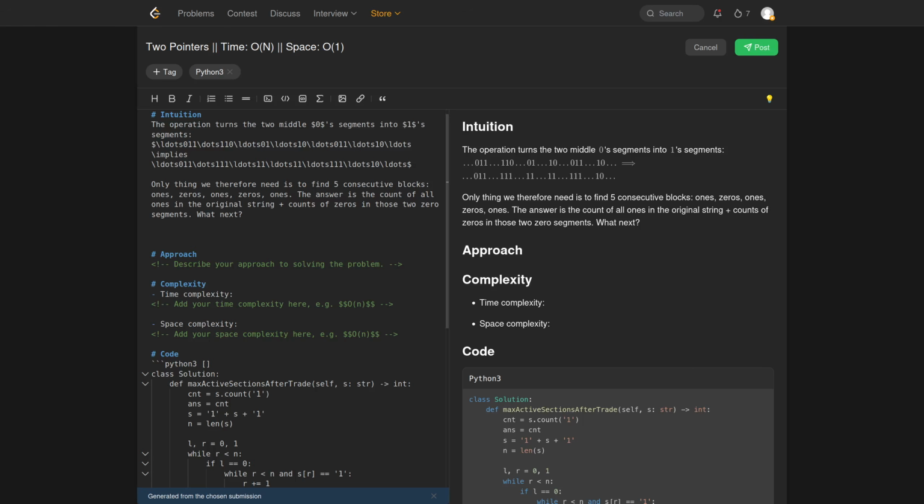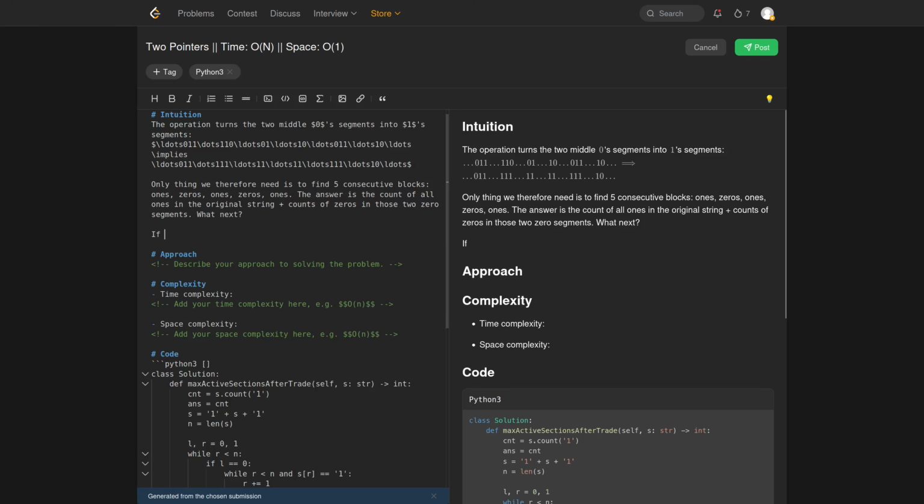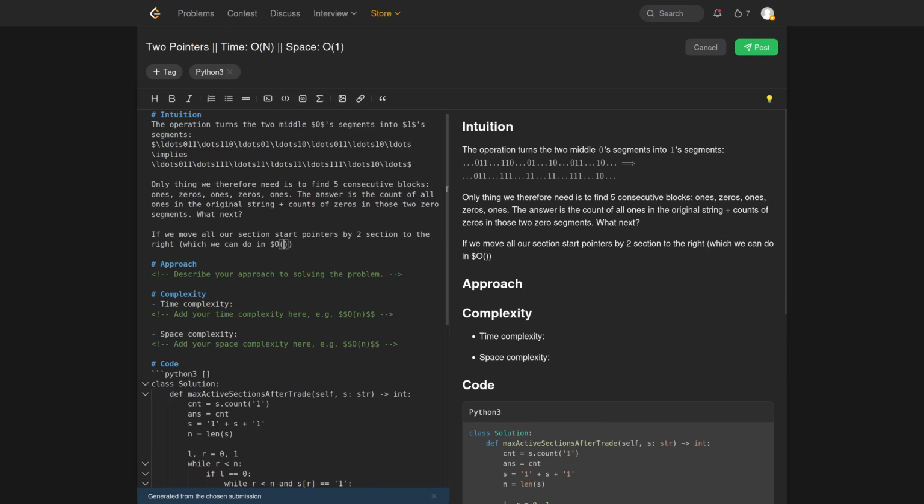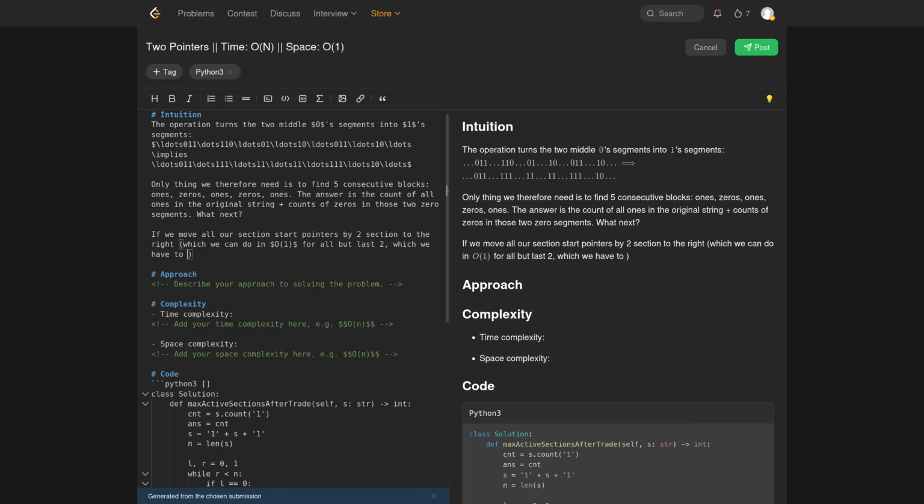What next? We move all our section start pointers by 2 sections to the right, which we can do in O(1) for all but the last 2, which we have to move by iterating the right order.